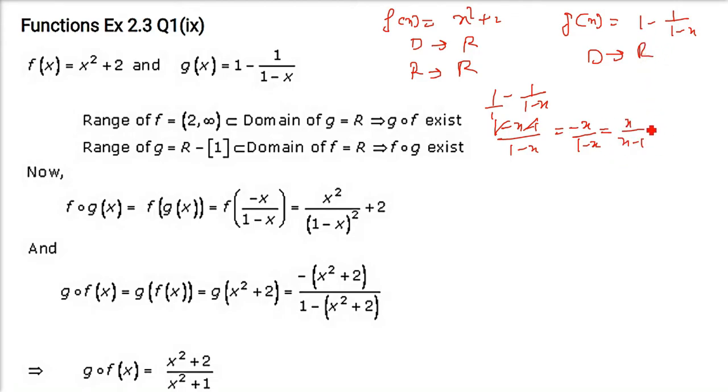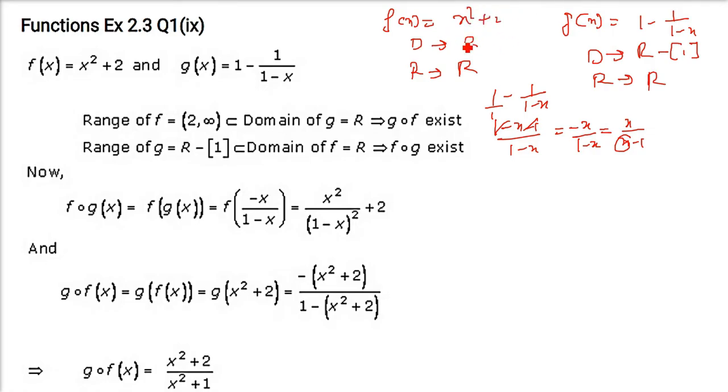Domain of g is, you cannot put a 1 here. So all the real numbers except 1 is the domain. Clear? What is the range? The range is, any value will come. All values will come.